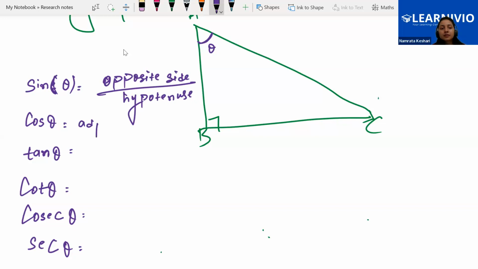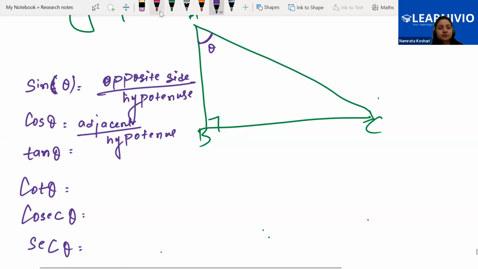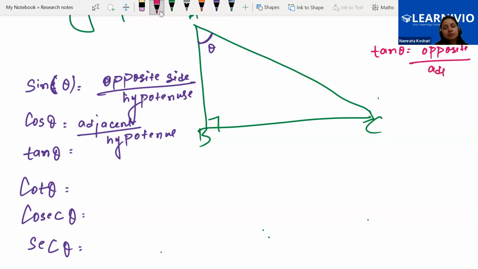Adjacent by hypotenuse. Adjacent side over hypotenuse. The formula for tan is opposite by adjacent. Exactly the formula for tan. I am writing over here: tan is opposite over adjacent. The formula for cot is adjacent by opposite. Exactly, adjacent over opposite.